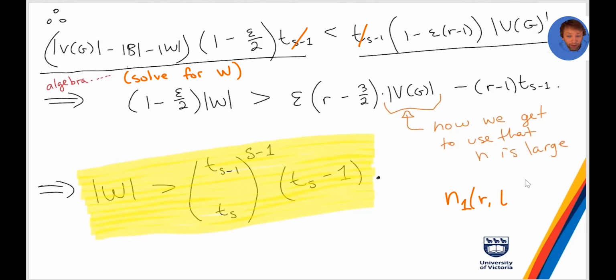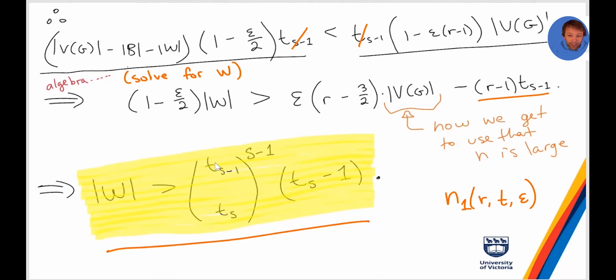And now, remember, the number of vertices in G is at least some n1, which depends on r, t, and epsilon. I could make that as big as I want as a function of r, t, and epsilon. And this is also just a function of r and t. There is an s there, but even with that, it's still bounded by a function of r and t.